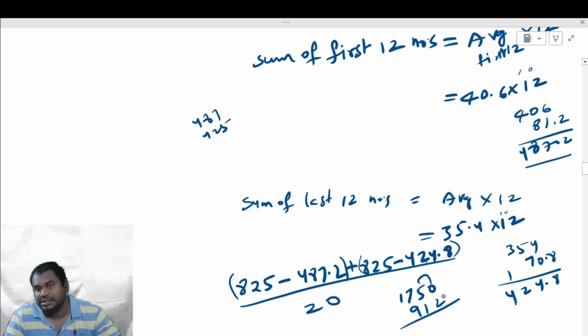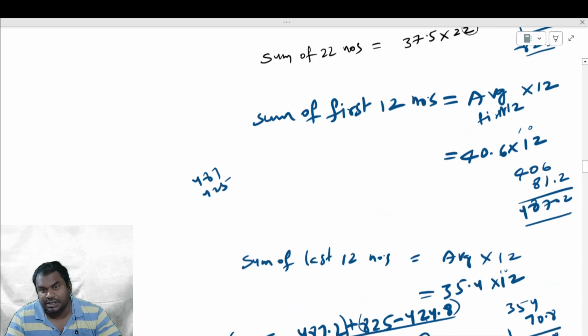So subtract 1650 minus 912, 10 minus 2 is 8, 4 minus 1 is 3, and we get 738, divided by 20, 36.9.